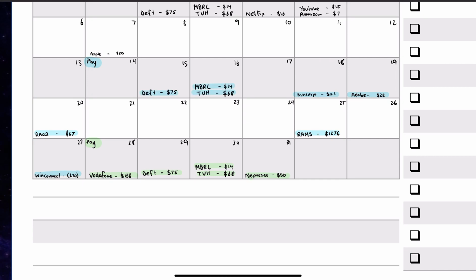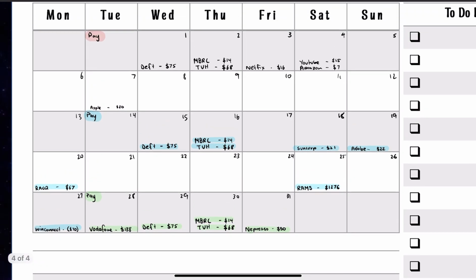The second week of the month is always a lot more expensive than the first week of the month. For instance, if you saw my budget video, my bills for this first paycheck of the month only cost like $195, which is not that much, though I think I forgot the debt payment maybe. It still doesn't seem like enough, but I don't think I missed anything.